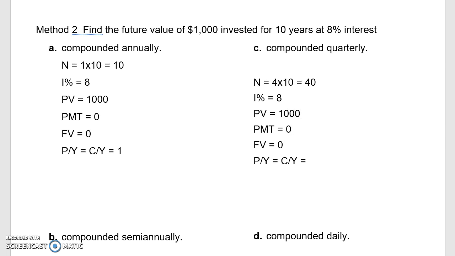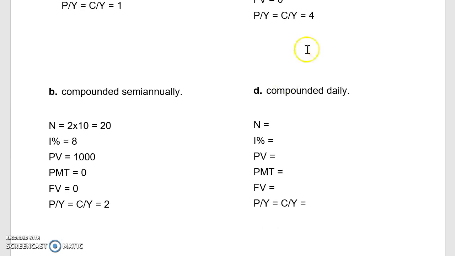No payment, no future value, and the PY and CY are 4 for quarterly. Finally, daily, they're typically going to have you use 360 days per year, which is the banker's rule, allows the banks to make more money off of you. And so I'm showing you each of the values that will need to be entered in your TVM solver to find the appropriate future value of this investment.